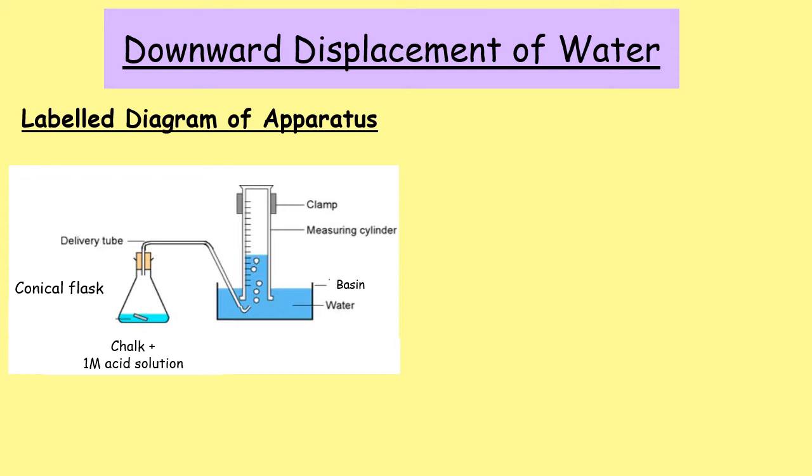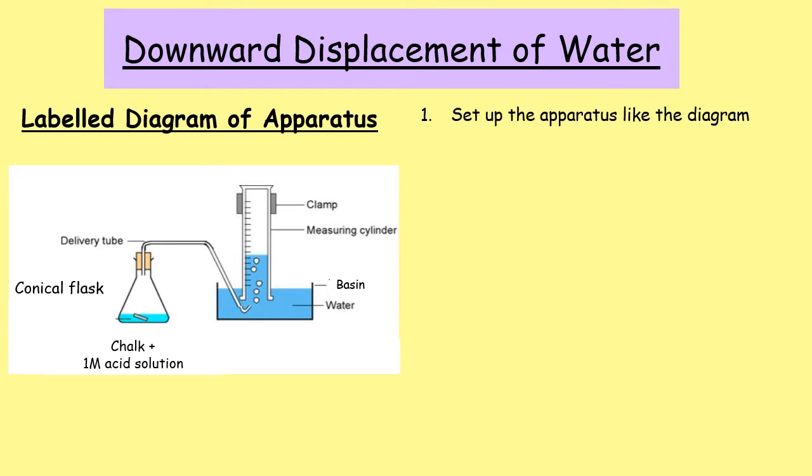As the gas goes to the top, water is forced out, and so the measuring cylinder slowly fills with gas. And you can use the numbers on the side of the measuring cylinder to record what volume of gas is being produced and use that to determine the rate.